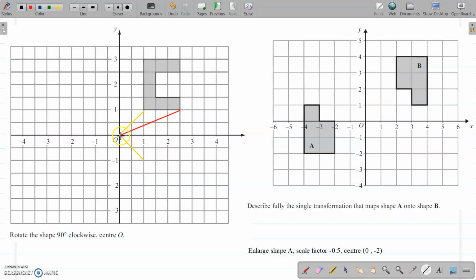So if I go instead along 1 and down 2.5 to here, that is where that point is going to move to. And the two red lines are also 90 degrees from each other, and they're both the same length.